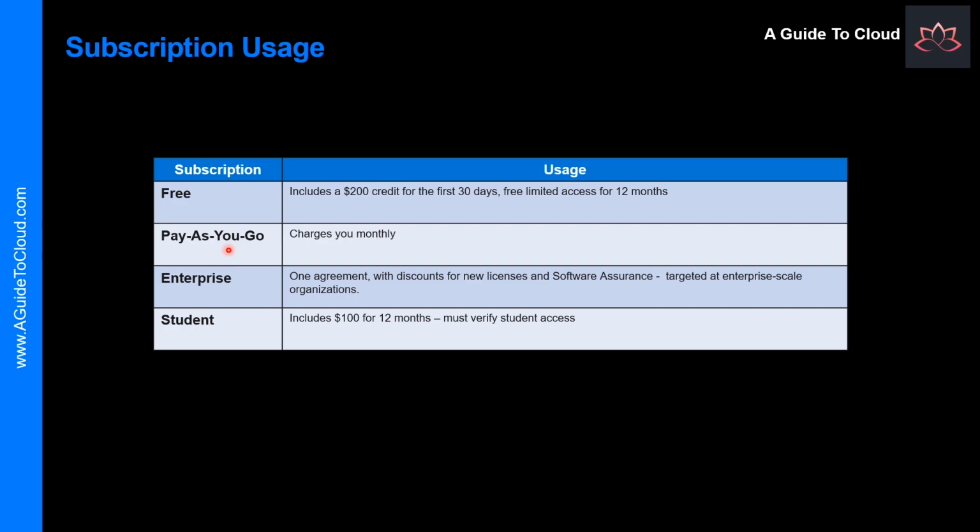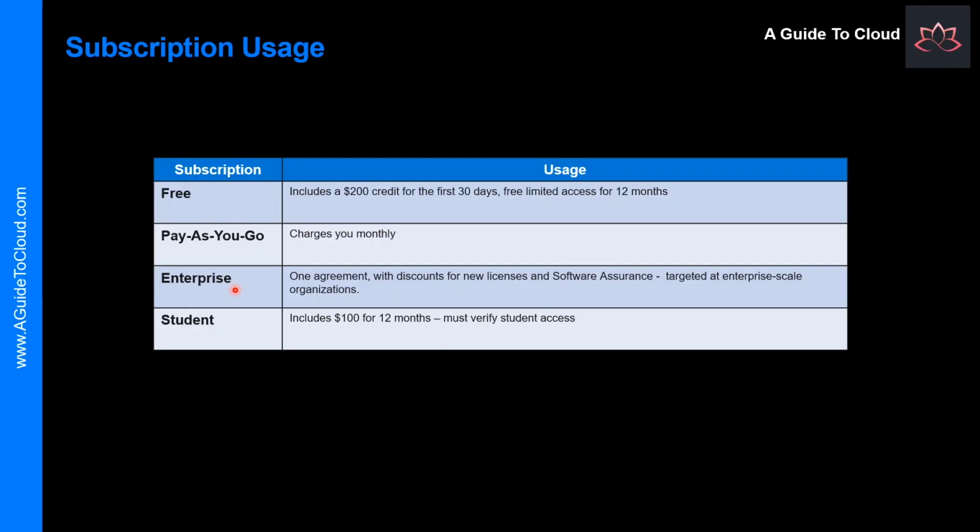The second option is the Azure pay-as-you-go subscription model. A pay-as-you-go subscription charges you monthly for the services you used in that billing period. This subscription type is appropriate for a wide range of users, from individuals to small businesses and many large organizations as well.